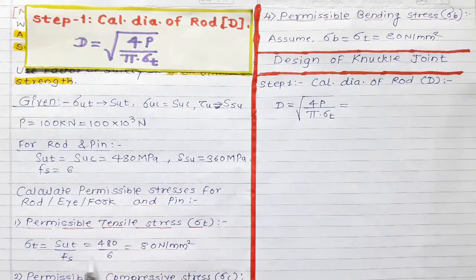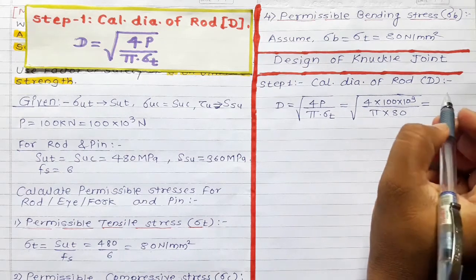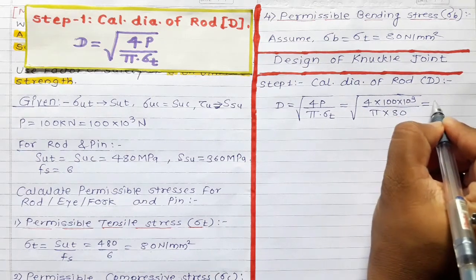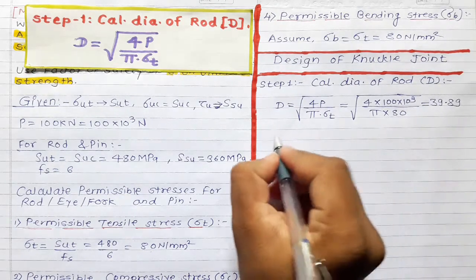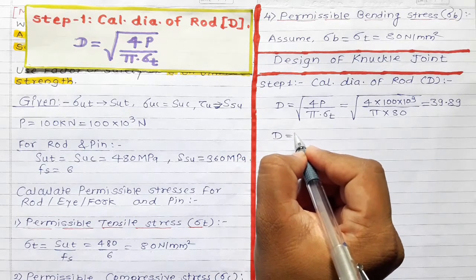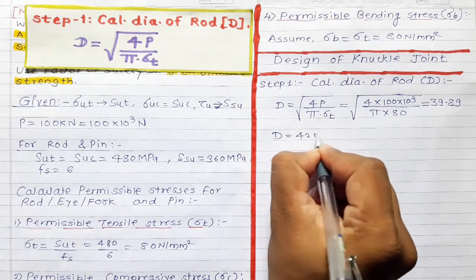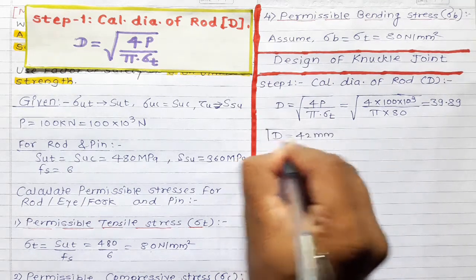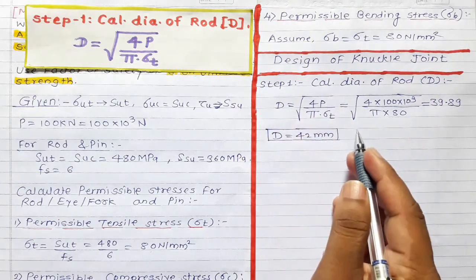Then sigma t, that is permissible tensile stress, is 80 Newton per mm square. If you solve this equation, you get the answer as 39.89 mm. From the manufacturing consideration, we have to round up this value, and let us take this value of capital D, by adding 2 mm, as 42 mm. So this is the answer of diameter of rod, and we have completed step number 1 of design of knuckle joint.